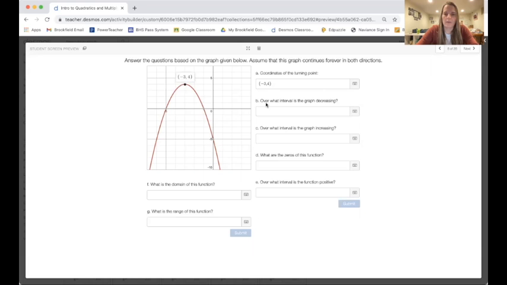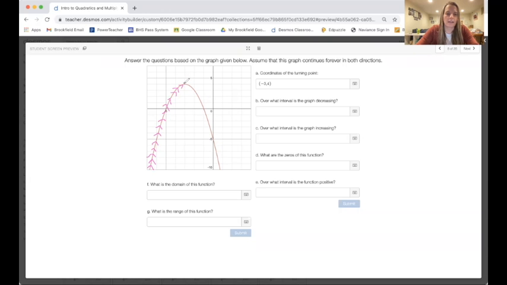Then it talks about over what interval is the graph decreasing. So we read a graph from left to right. So this graph is coming up from the bottom and from the left, and it's increasing until we reach the turning point, right? The turning point is where it's going to change direction, right?